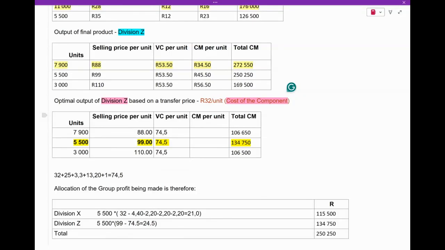And they're paying the 25 Rand, I forgot what it's for, but all this is the same. And then plus the variable selling price. And that gives us then a variable cost of 74 Rand 50. So that's what they're actually paying now for every final product that they produce. Okay. So there's your variable cost.